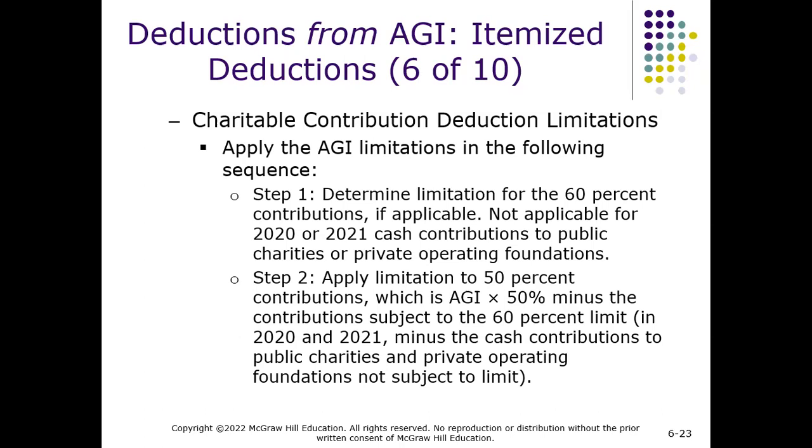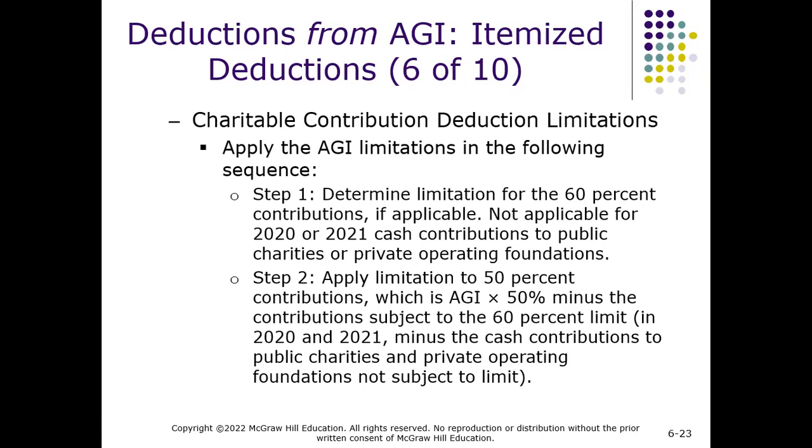If they contribute cash to a private non-operating foundation, they can contribute as much as they want, but they can only deduct up to 30% of their AGI. For capital gain property donated to public and private operating, fair market value can be deducted, but only up to 30% of AGI. And for non-operating foundations, only basis can be deducted, up to 20% of AGI.